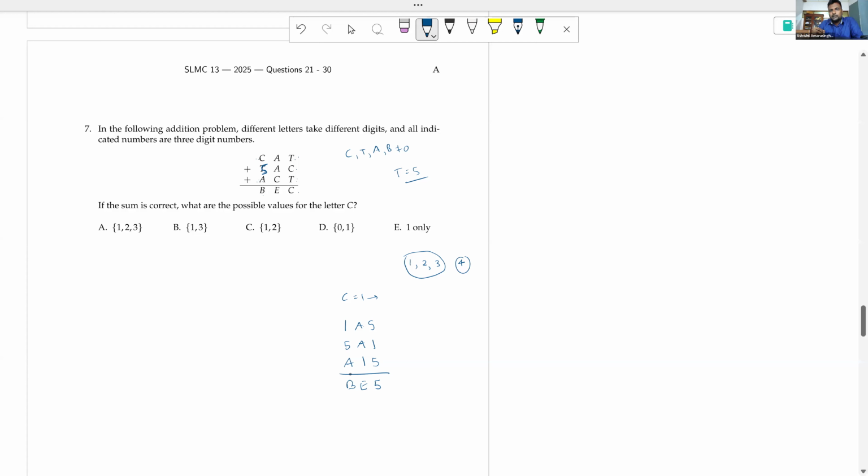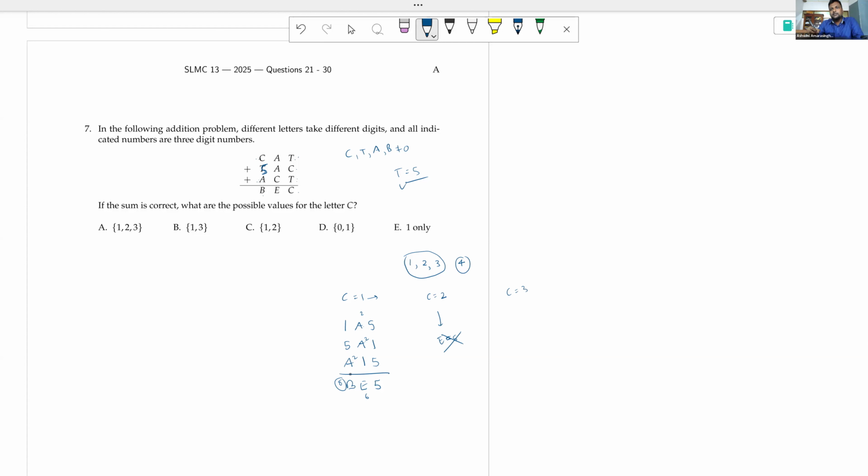Okay, so I can get 2 here, 2 here. And when I substitute 2 here, I get B equals 6. And then A equals 8, B equals 8. So that would work. And then C equals 2, I will get E equals 5, but E can't be equal to 5 because T is already equal to 5. So that option doesn't work.